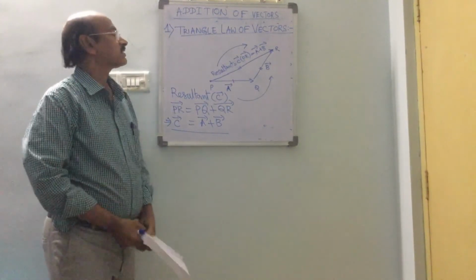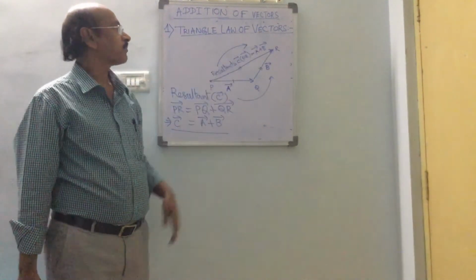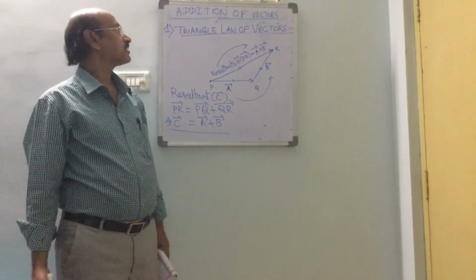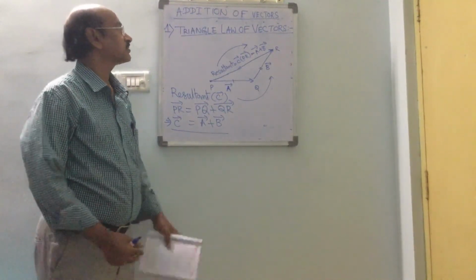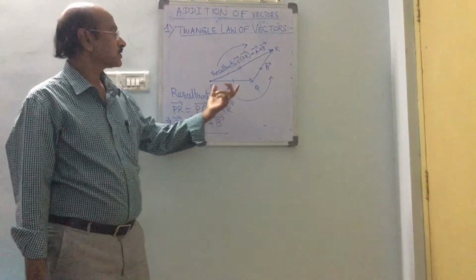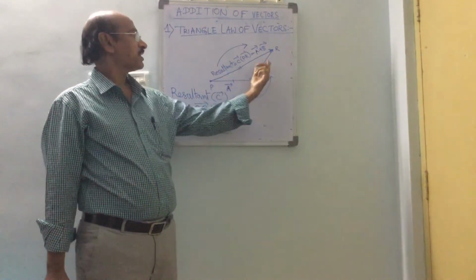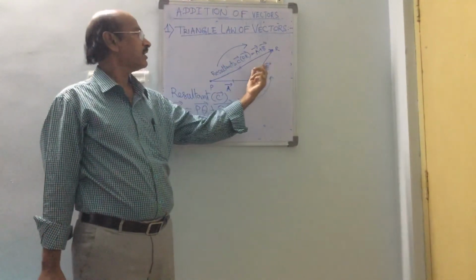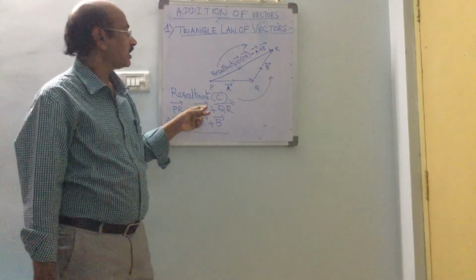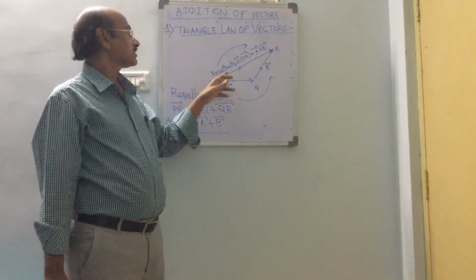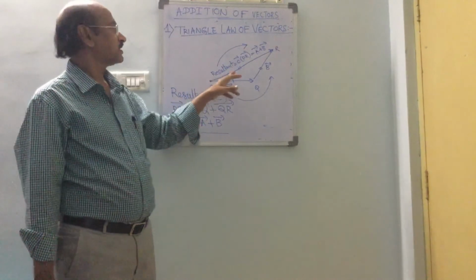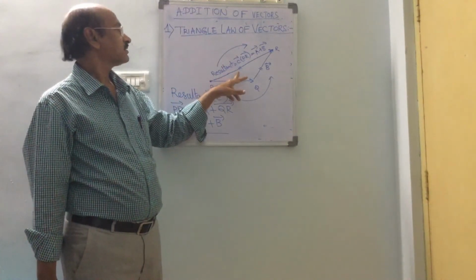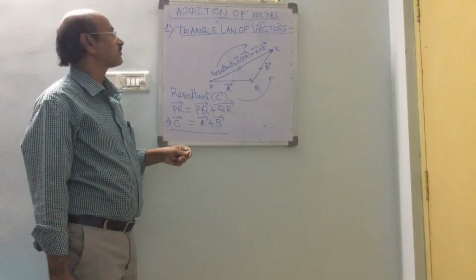From this, since force is also a vector, there is an alternate statement for the parallelogram law of forces. If two forces acting at a point are represented by the two sides of a triangle taken in an order, then the resultant force is represented by the third side taken in the opposite direction.